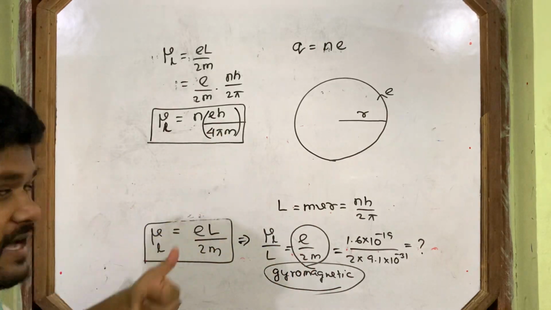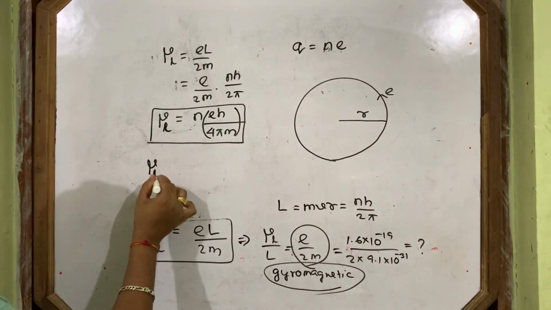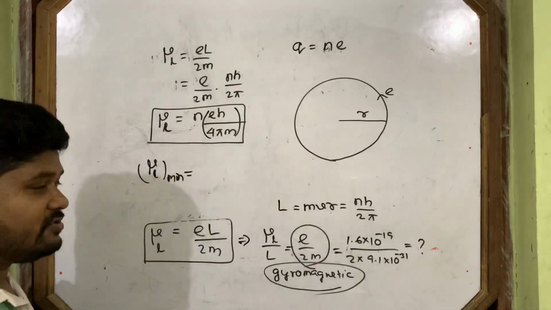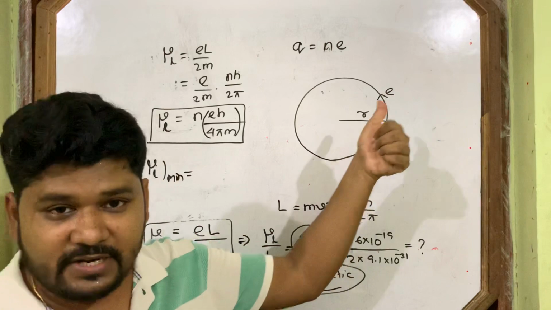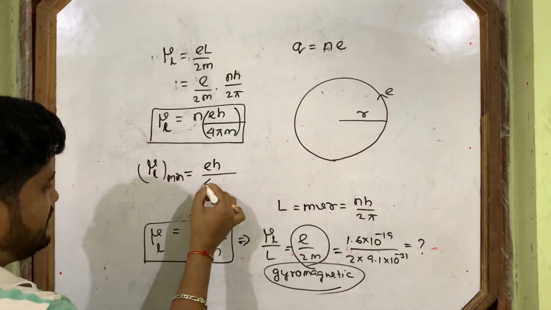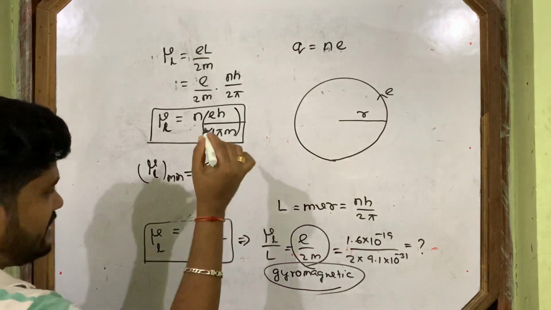And what is the quanta? What is the minimum value? Mu L minimum. Just like the minimum value of charge is the electronic charge 1.6 into 10 power minus 19 coulomb, similarly its minimum value is at n equals 1, e h by 4 pi m.